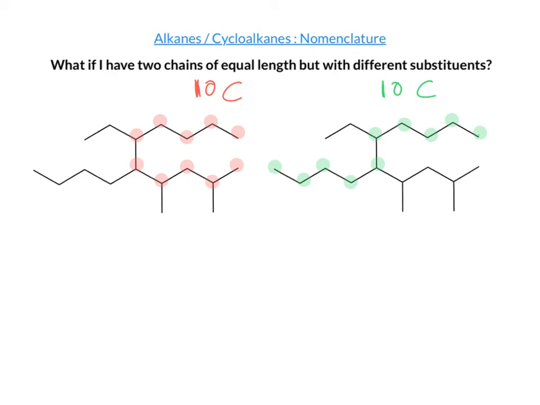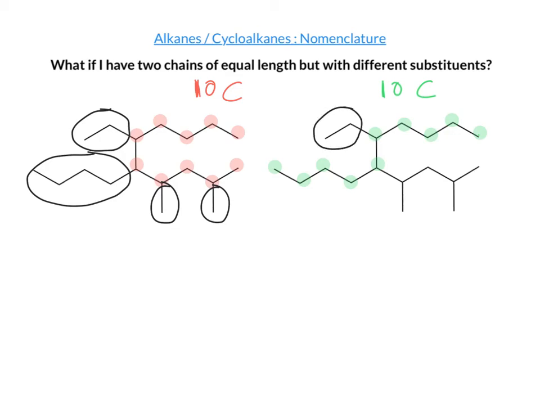We see that also here we're going to have again 10 carbons. So in that case, let's find out the substituents. This one will be a substituent, this one will be a substituent, and then we're going to have this substituent and this substituent. So we see that in the one in red we're going to have 4 substituents, while in the one in green we're only going to have 2 substituents.